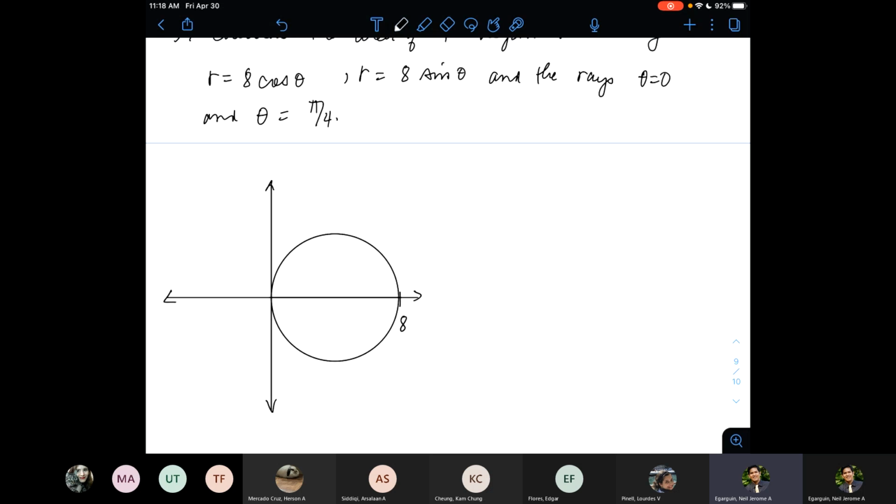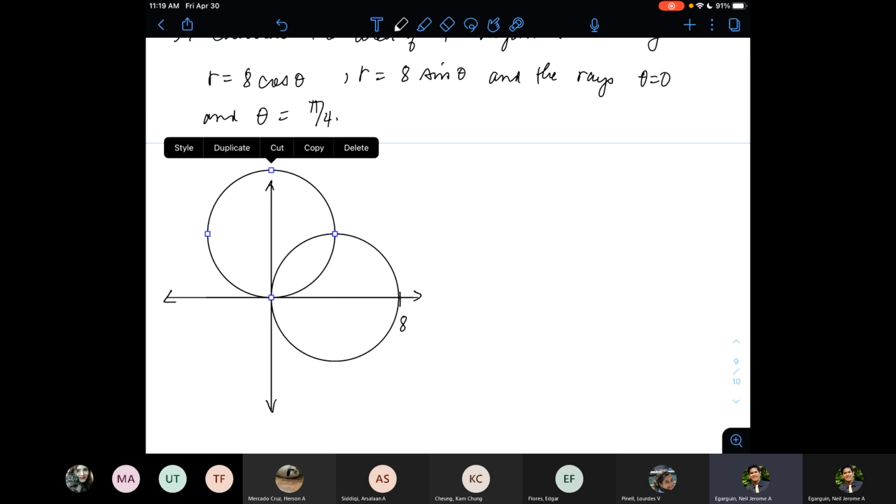And then the other circle is 8 sine theta. It has a sine, so it's either primarily on the positive y-axis or on the negative y-axis. But since the coefficient is positive 8, it will be on the positive y-axis. Right, so it should be somewhere here. Let's extend. Okay, there we go. And then the rays. I should have used a different color for this.